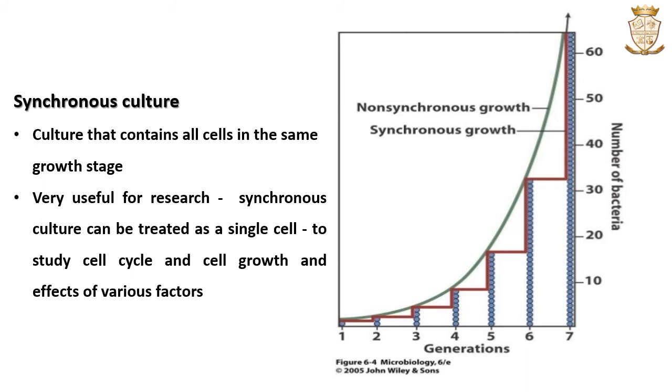So if it is a culture of E. coli cells in which the generation time is about 20 minutes, at every 20 minutes we can see a doubling of the population, since all the cells are dividing exactly together. We can see each generation in a synchronous culture is the next step in a ladder. The synchronous culture will show a ladder-like growth curve.